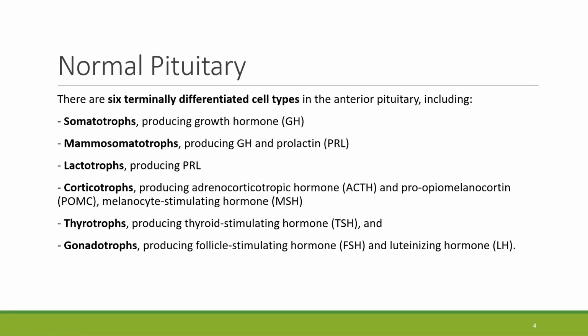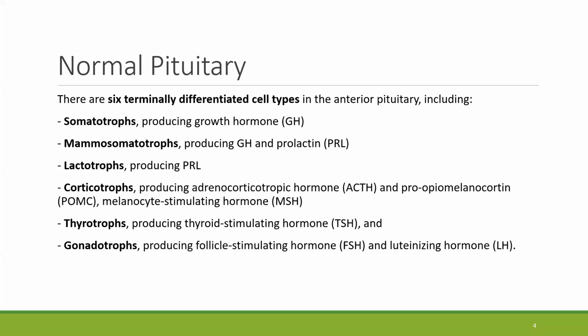There are six terminally differentiated cell types in the anterior pituitary. We have the somatotroph that produces growth hormone, the mammosomatotroph that produces prolactin, the lactotroph that also produces prolactin, corticotrophs that produce ACTH, and so on.